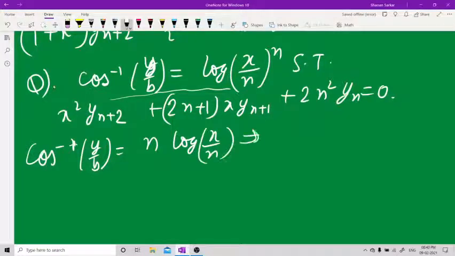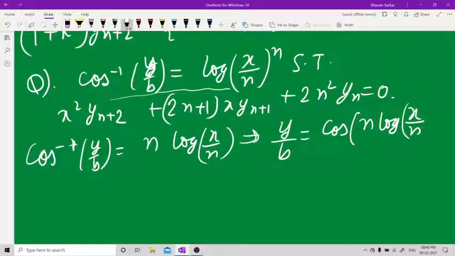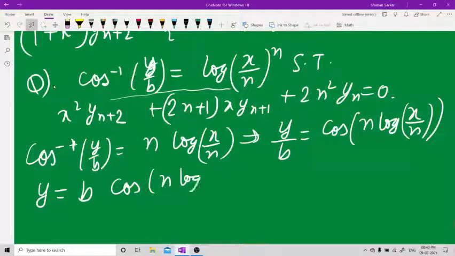Now this can be written as y/b = cos(n log(x/n)). Now cross multiply b: y = b cos(n log(x/n)). Now take the first derivative.